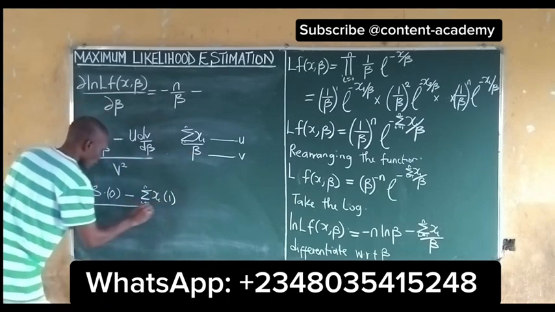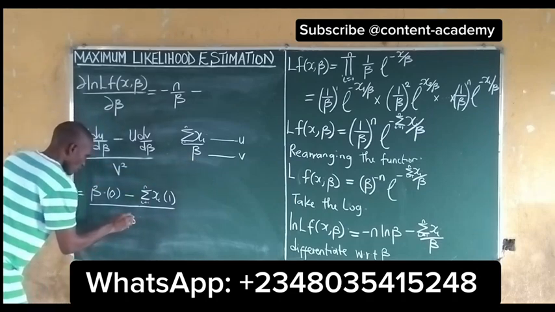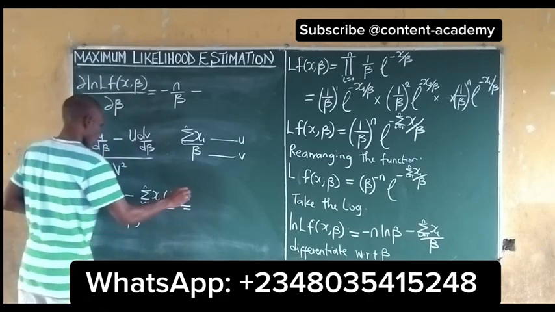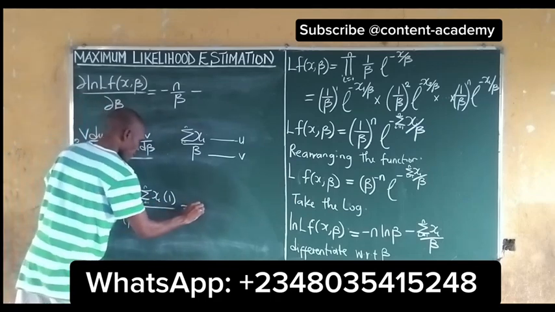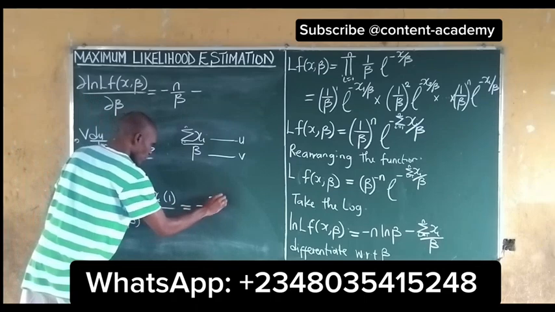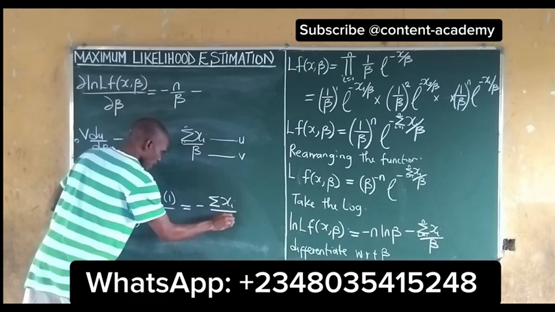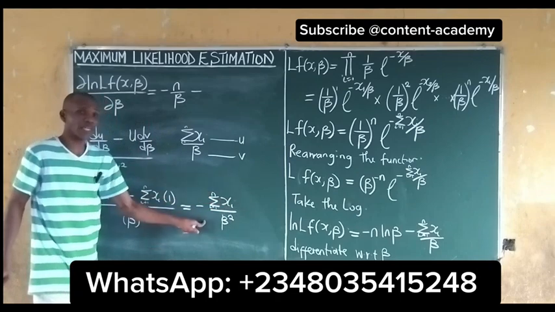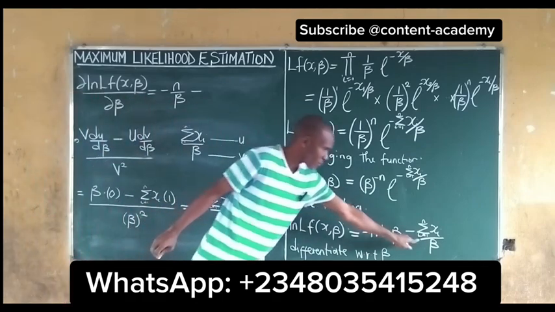Differentiate this to get 1. We have v here, and because of this square, we put our square here. So it's equal to 0 multiplied by beta is 0. So we have negative summation of x_i all over beta squared, i running from 1 to n. So this is what we get when we differentiate this function.